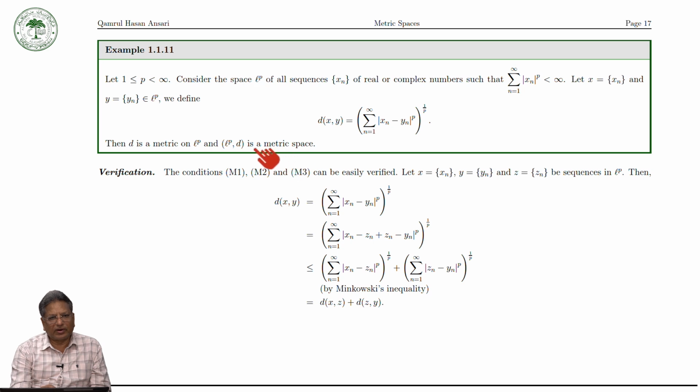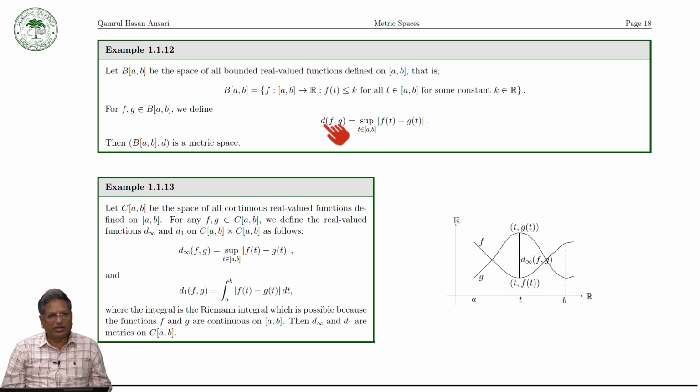Therefore Lp space with this metric is a metric space. This way we have defined a formula by which we can calculate the distance between any two sequences of real or complex numbers in the Lp space.